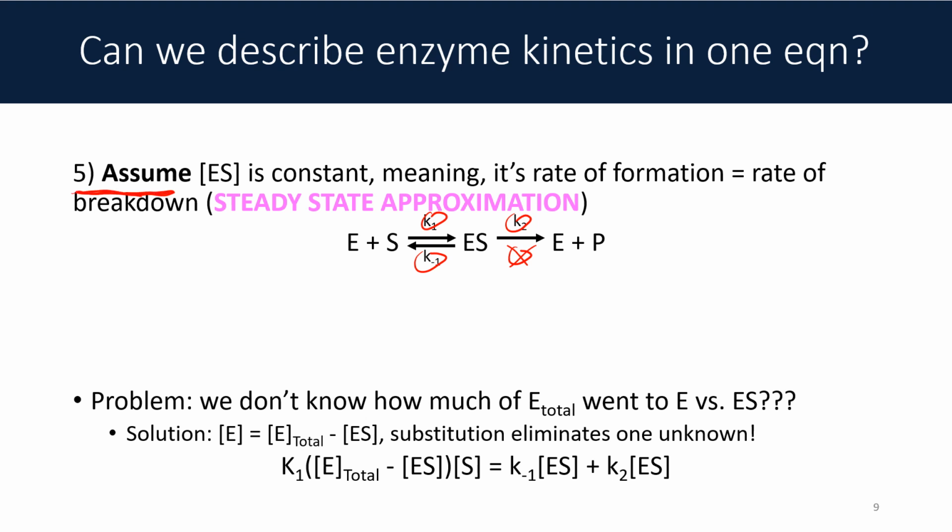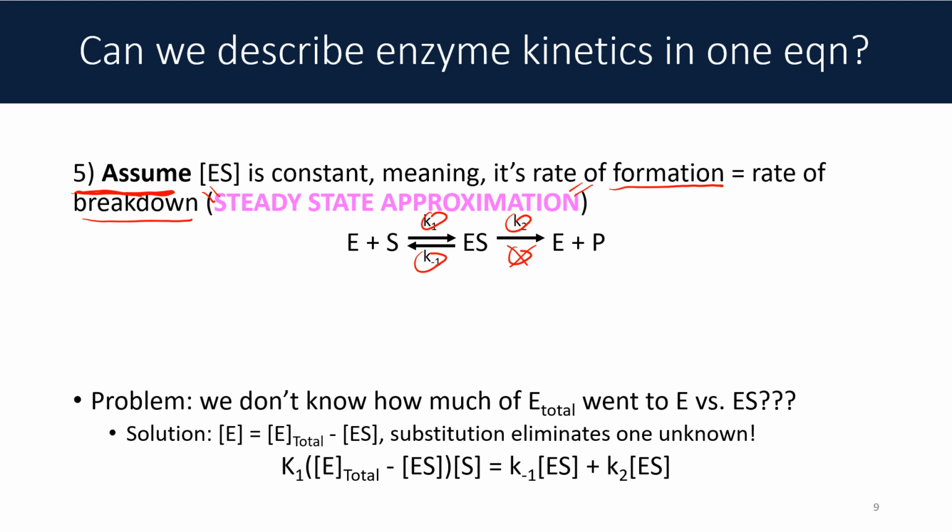We will be assuming that the enzyme substrate complex is a constant. And for that to be true, it means that the rate of formation must equal the rate of its breakdown. The word for this assumption is called the steady state approximation.